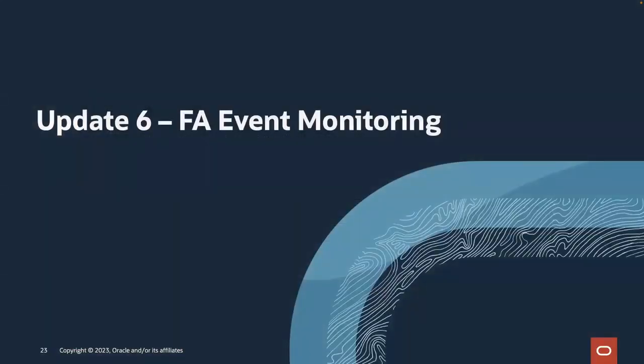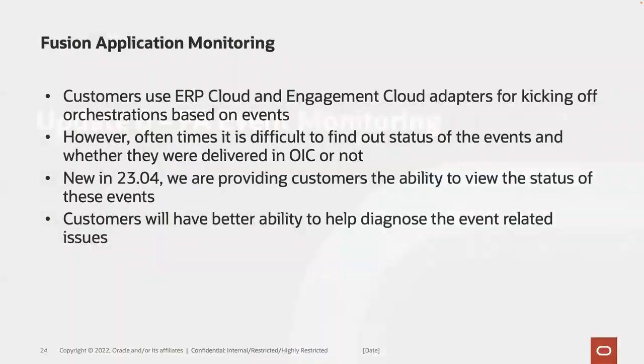The last thing I'd like to talk about today is Fusion Applications event monitoring. Now, I'm sure many of you have used the ERP Cloud, Engagement Cloud adapters for kicking off orchestrations based on events. Often, though, if something goes wrong, it's hard to figure out, well, did the event get lost between Fusion apps and OIC, or did Fusion apps not properly create the event?